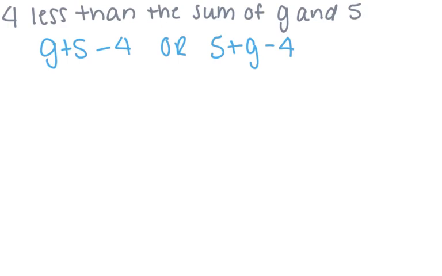And we want to do the sum first. So G plus 5 is going to come first in our expression, and then the minus 4. So your expression can either read G plus 5 minus 4 or 5 plus G minus 4. But either way, you want the addition part first and then the subtraction part.